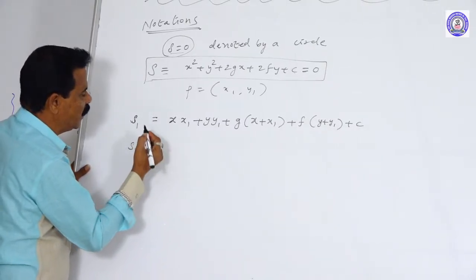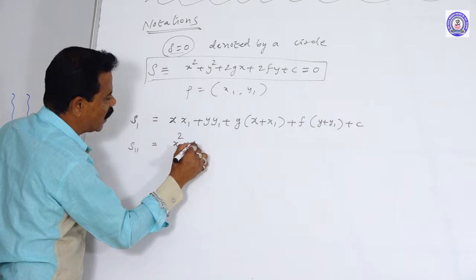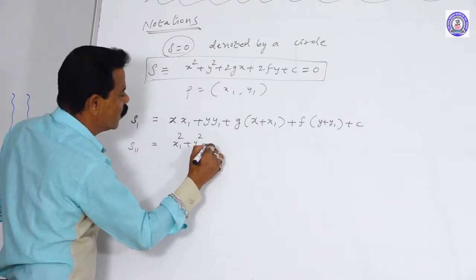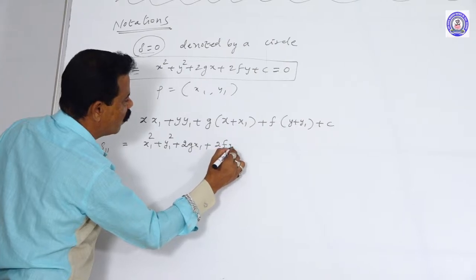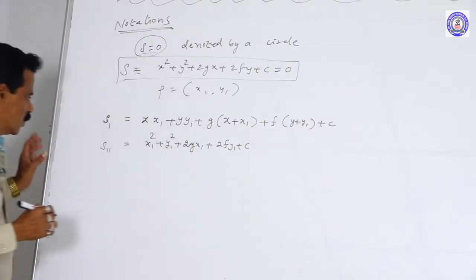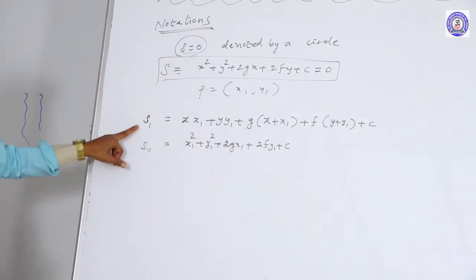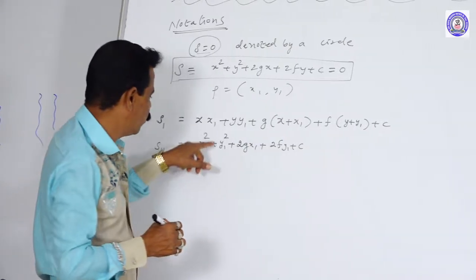And S11 means x1² + y1² + 2g·x1 + 2f·y1 + c. These are the S1 and S11 symbols.